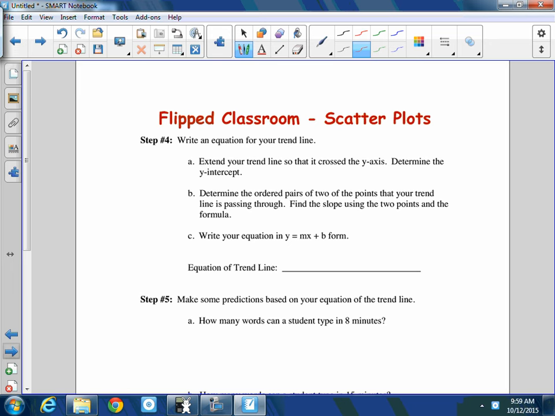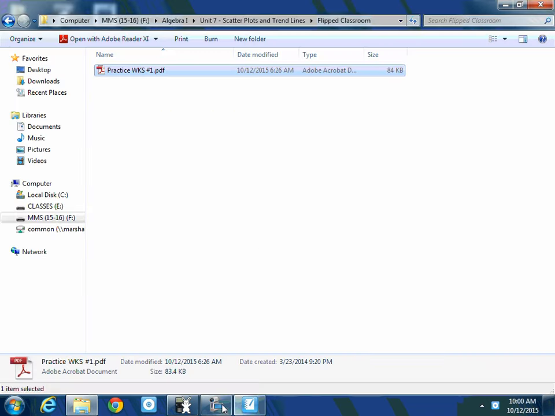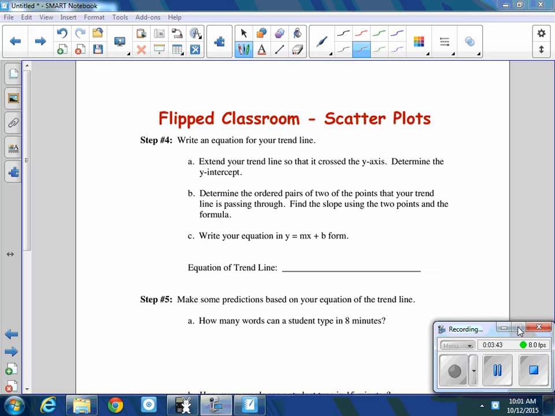Extend your line so that it crosses the y-axis. Determine the y-intercept. We're going to do it following these instructions, and then we're going to go ahead and do it using the calculator. So we're going to extend the trend line so that it crosses the y-axis.